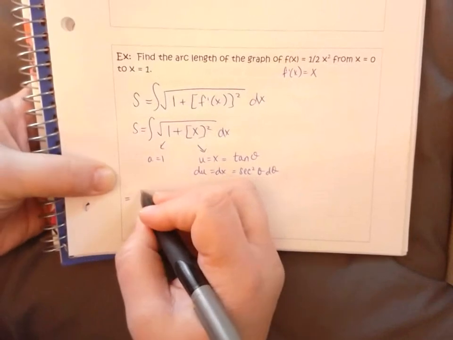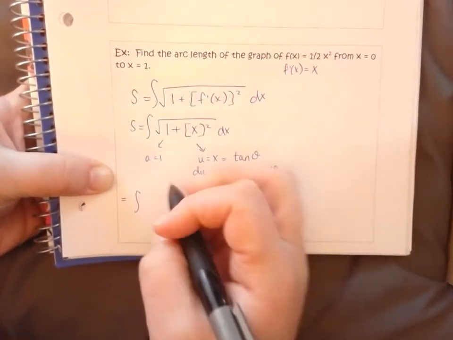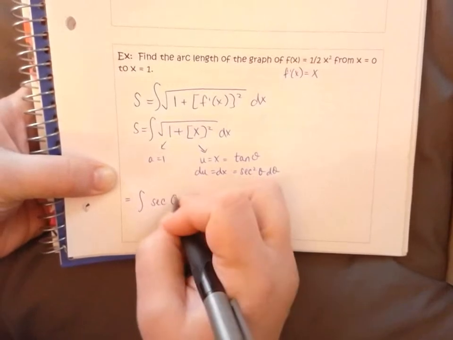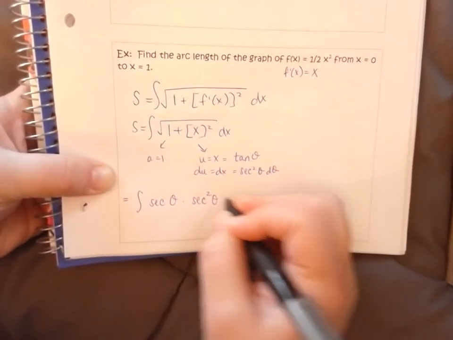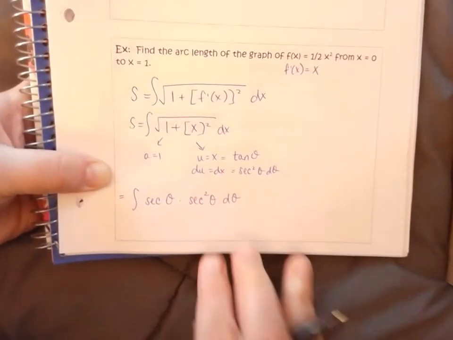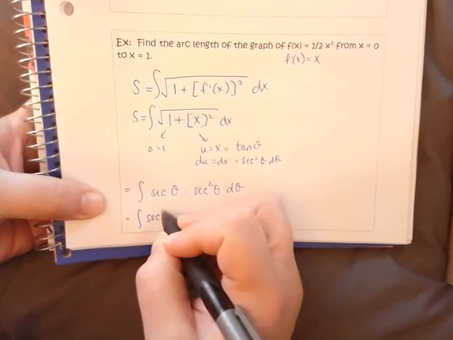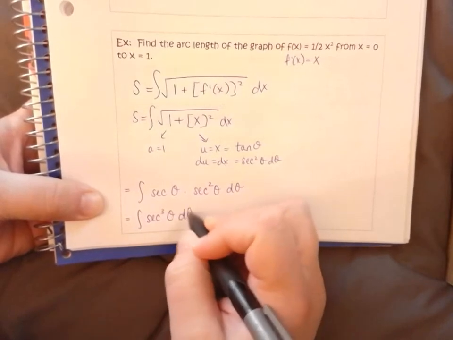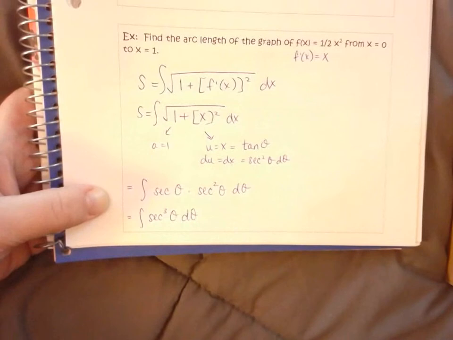Quick substitution. My integral in a tan formula is the secant. Dx is equal to secant squared theta d theta. And what do I do when integrating secant cubed theta d theta? Do you know?